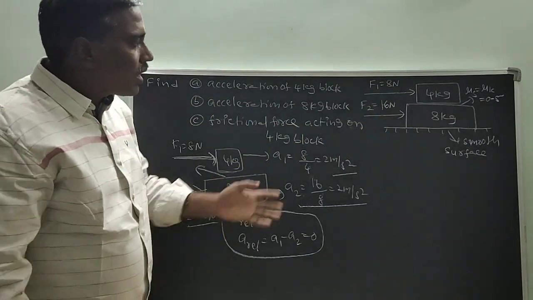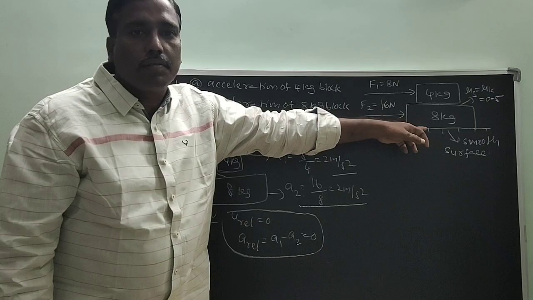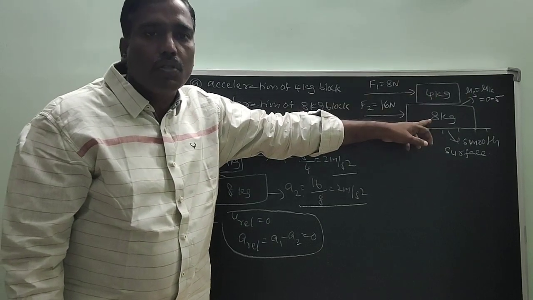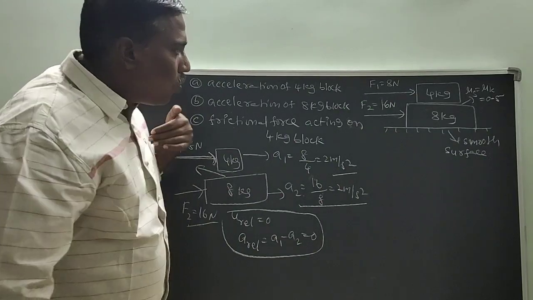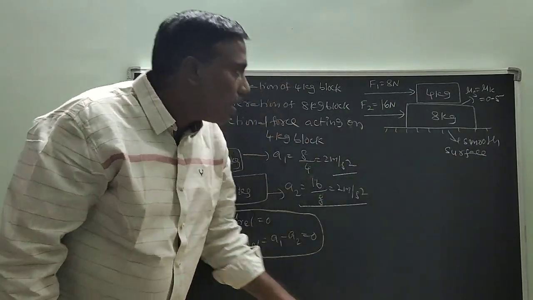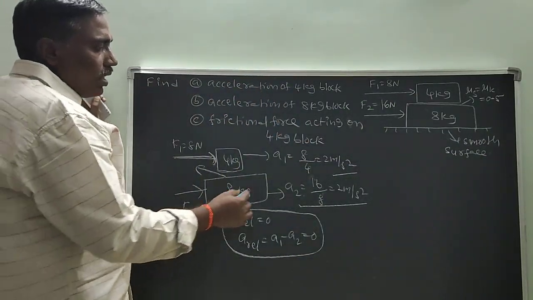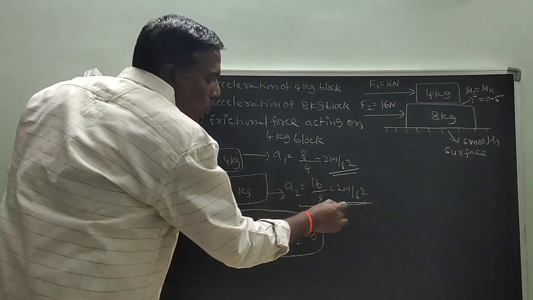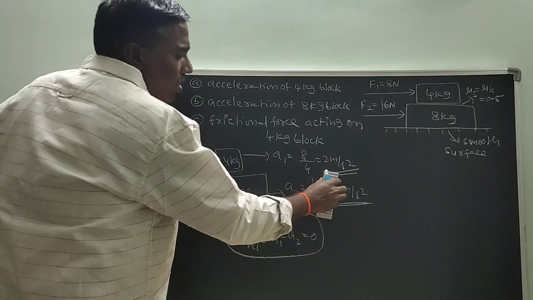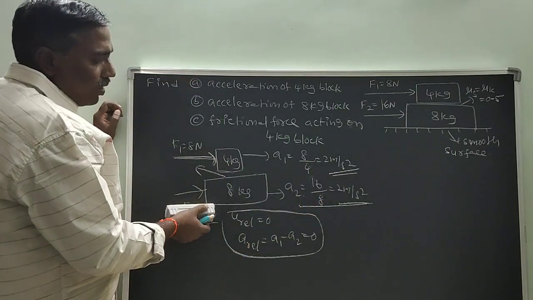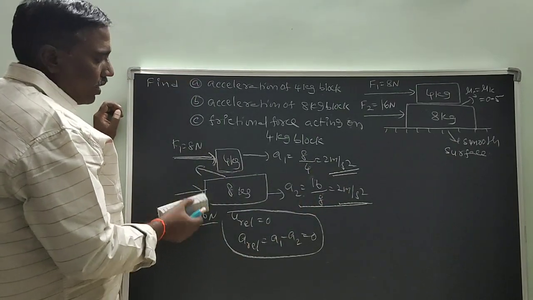No frictional force acts between these two blocks. So both move with a common acceleration. What is the common acceleration? A is equal to 2 meter per second square. A1 is 2 meter per second square. A2 is 2 meter per second square.